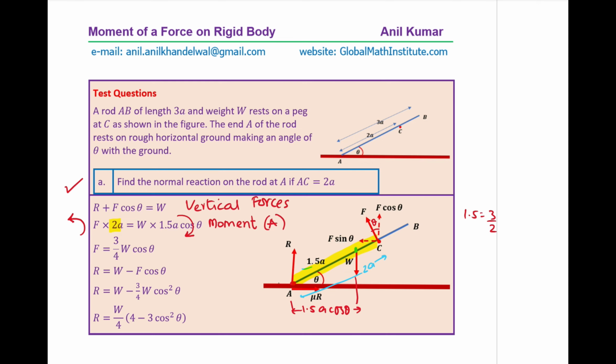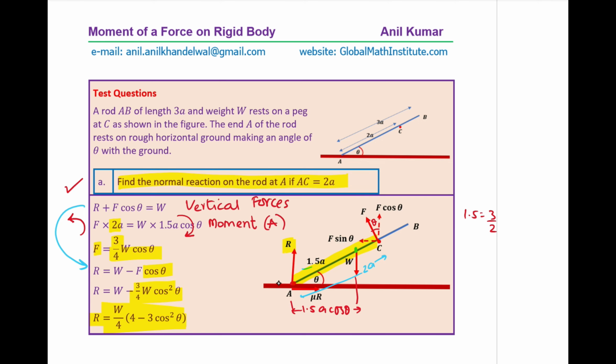So coming back from here, we know R is W minus F cos theta, and substituting the value of F, which is 3 by 4 W cos theta, we get 3 by 4 W cos squared theta multiplied by cos theta, correct? And now taking common factor, we can take out W over 4 and get 4 minus 3 cos squared theta as our value for the reaction R at A. So that is the solution for part A.